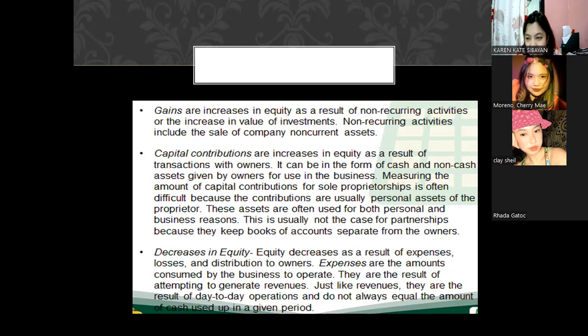So pwedeng cash ulit, in-invest na. Pwedeng equipment, halimbawa bumili siya ng bagong ref, bagong oven, for example, sa bakery. So, ang tawag dyan is capital contributions.